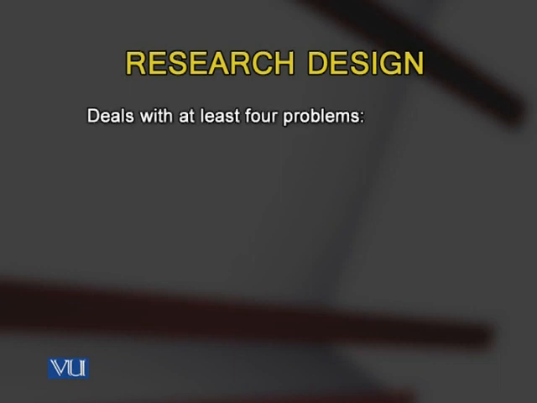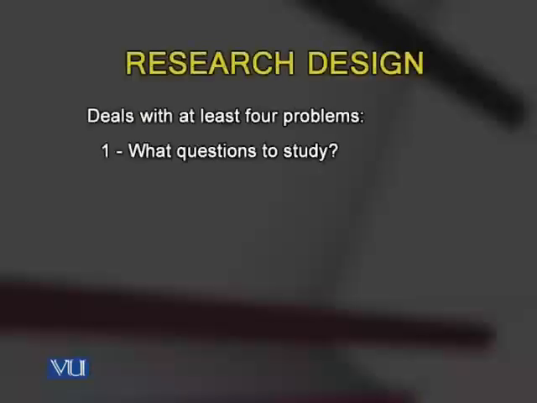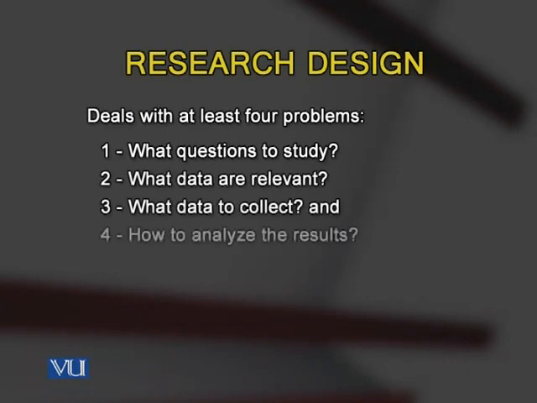It deals with at least 4 problems, and those problems are, I think I have already talked about these, but specifically these problems could be what questions to study, what data are relevant, what data to collect, and how to analyze the results.